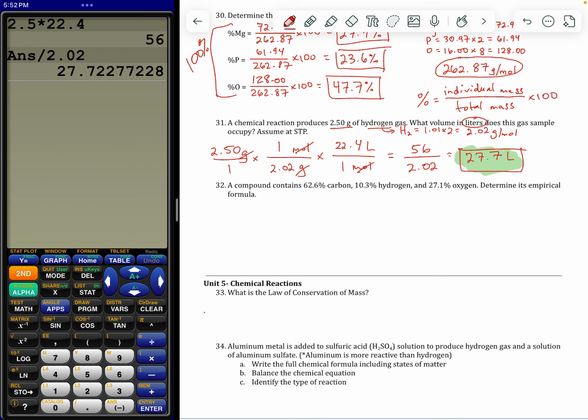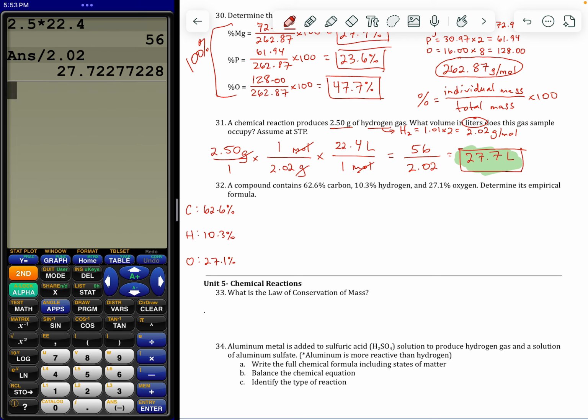What we can do is start with all of the elements that are within our compound, and we start with a percent of each. So here I have 62.6% carbon, 10.3% hydrogen, 27.1% oxygen.